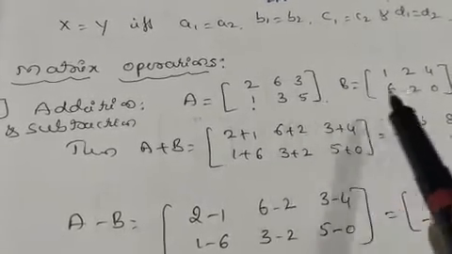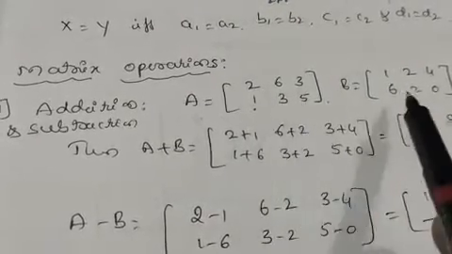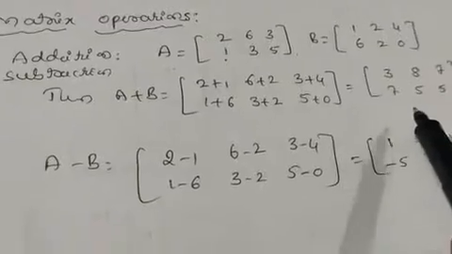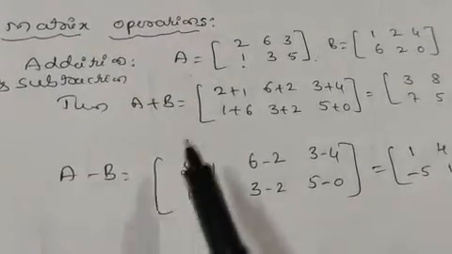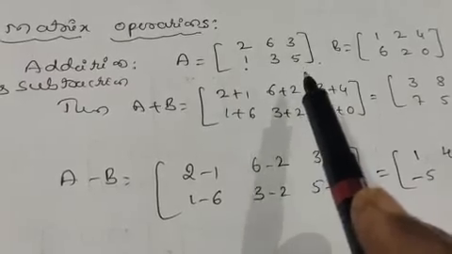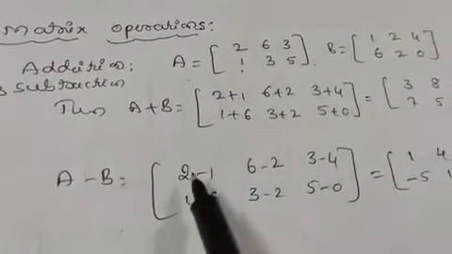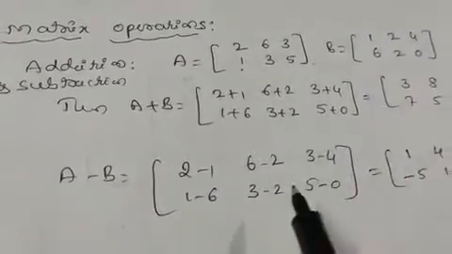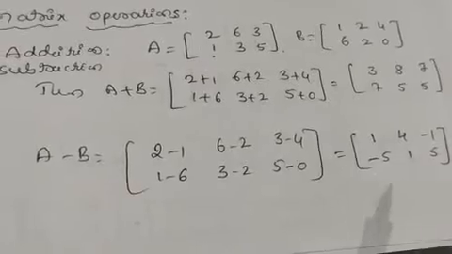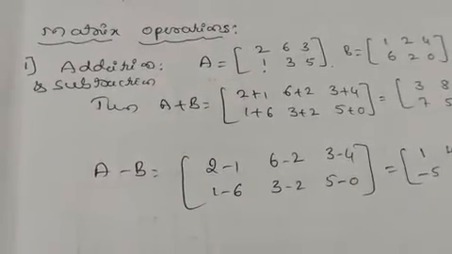Two matrices can be added only when they are of the same order, adding the corresponding elements. After simplification you will get the result. Similarly, subtraction: they must be of the same order and you subtract the corresponding elements: 2 minus 1, 6 minus 2, 3 minus 4 and so on. After simplification you will get the result. So this is about addition and subtraction of matrices.